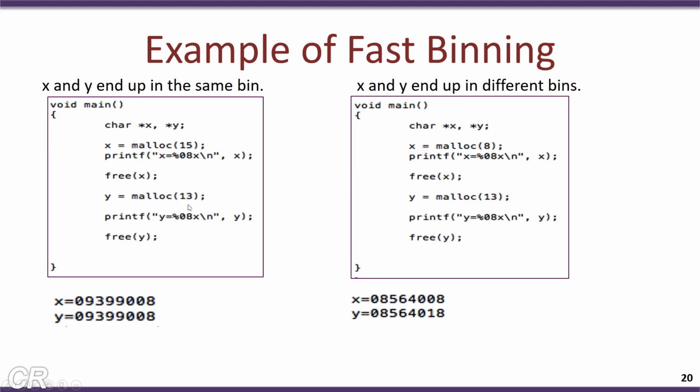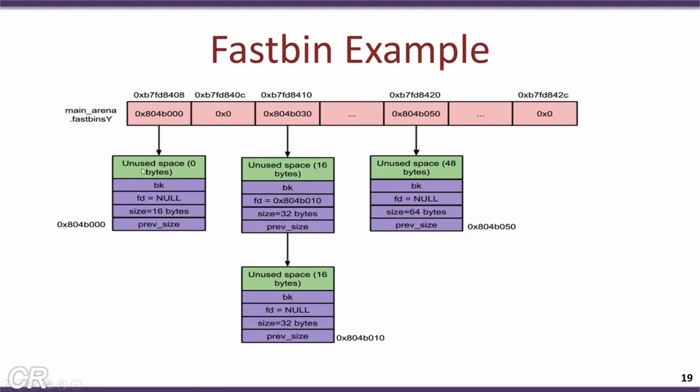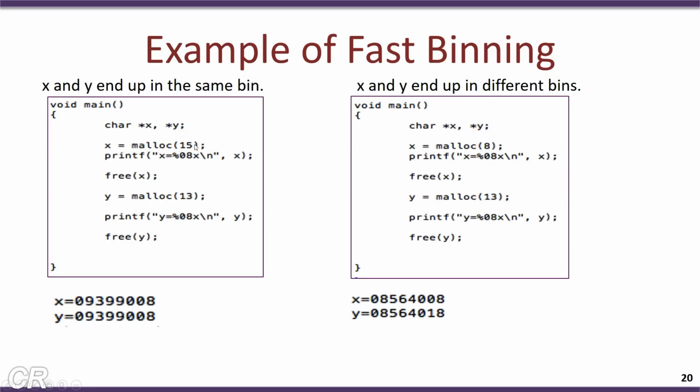So what happens when we execute this program is that both x as well as y, there is a ceiling function which gets applied, and both of them would end up in the linked list corresponding to this 16 bytes. So when this particular malloc gets executed, totally a chunk of 16 bytes plus another 8 bytes gets allocated, and the pointer to that memory is present in x.